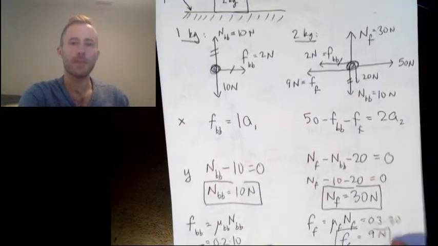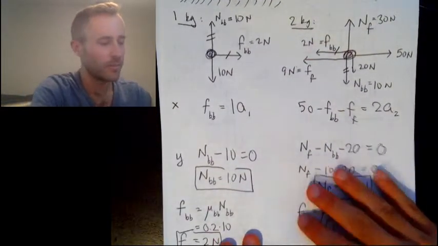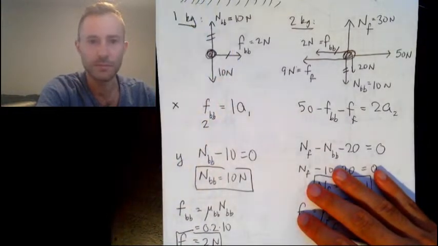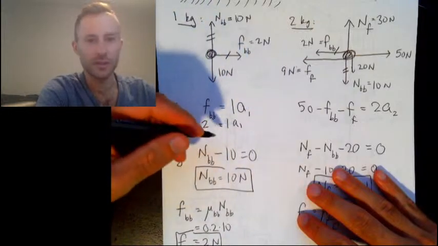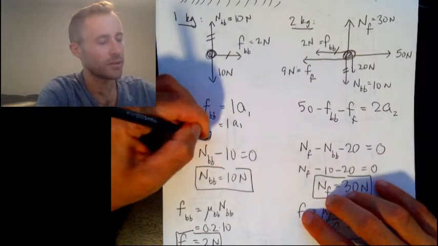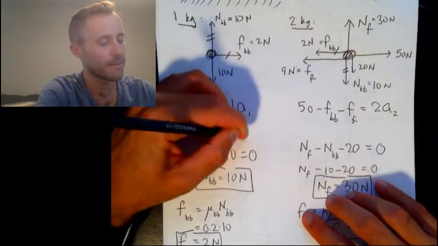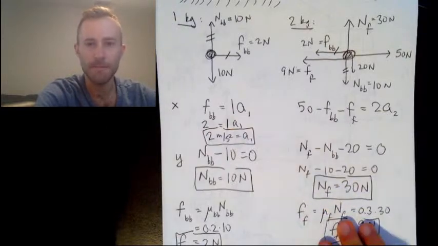All right. So now we're in the home stretch. Friction between the blocks is 2. So that says that the acceleration of the 1 kilogram block is 2 meters per second squared. Okay.